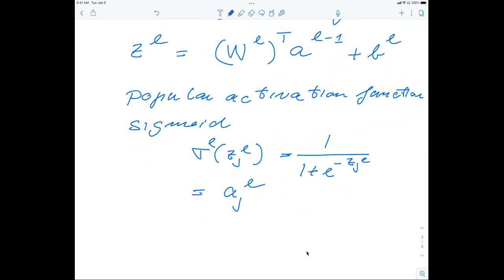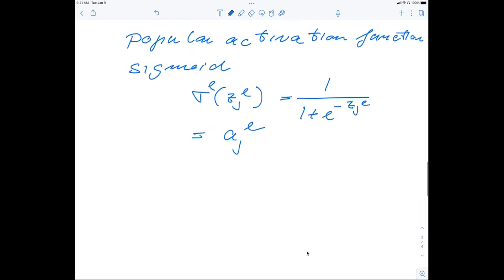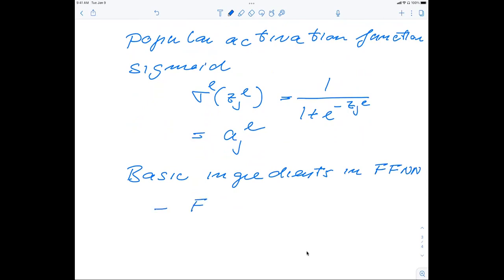So what we are going to need now, the basic ingredients in a feed-forward neural network or a multi-layer perceptron model, is, one, the feed-forward stage.